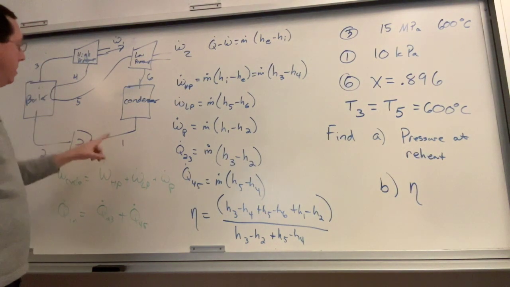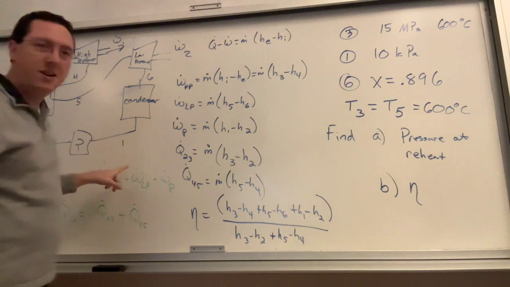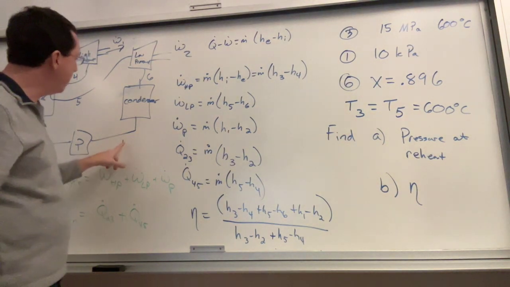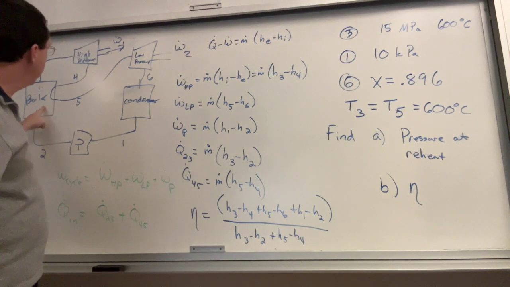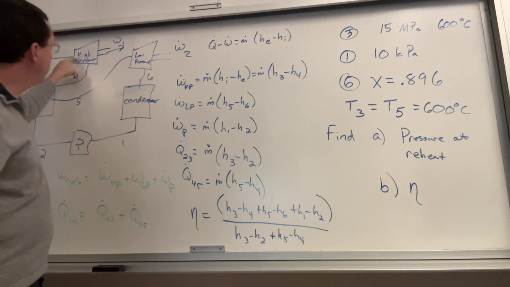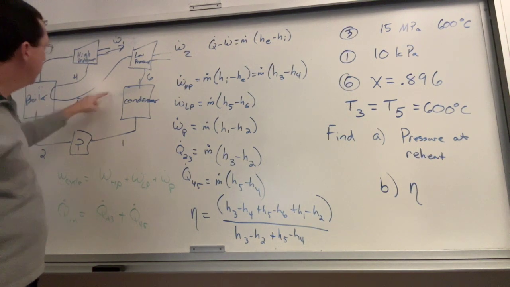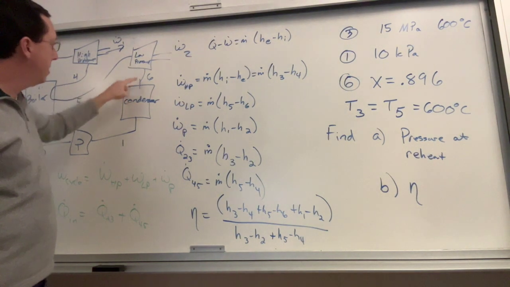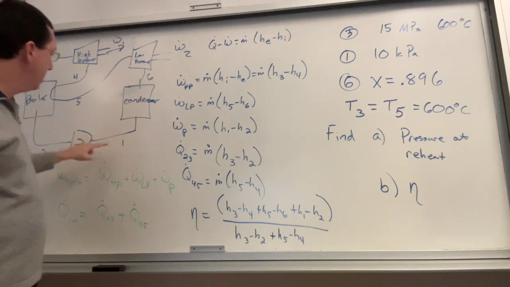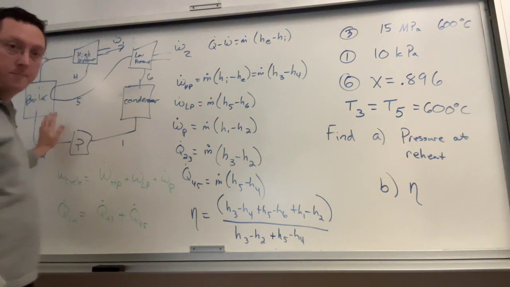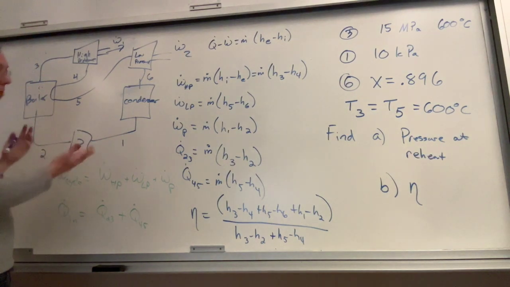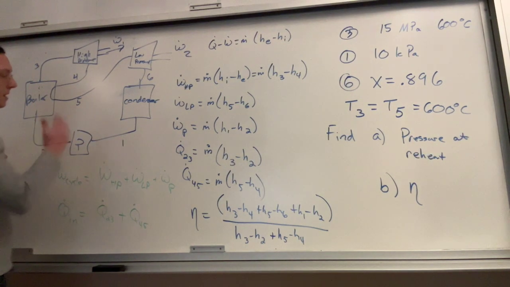But you can't really get through it until you know what's going on. I can't remember in the last video if I numbered the states this way, so I'm going to label the states after. So I've got a boiler, a high pressure turbine, back to the boiler, to a low pressure turbine, through the condenser, through the pump, and back to the boiler. Those are the components of a reheat Rankine cycle.